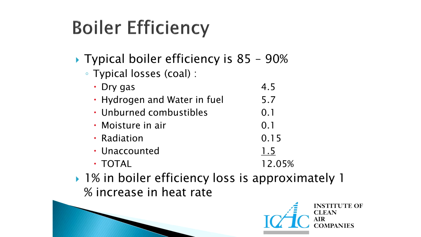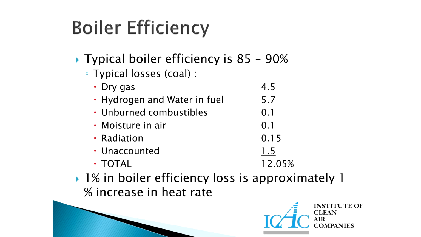If you use too much air, you have what we call excess air, which is basically heat going out the stack. If you have too little air, the fuel doesn't burn very well. You make a lot of carbon, and that's not good because it impacts what are called combustible losses.